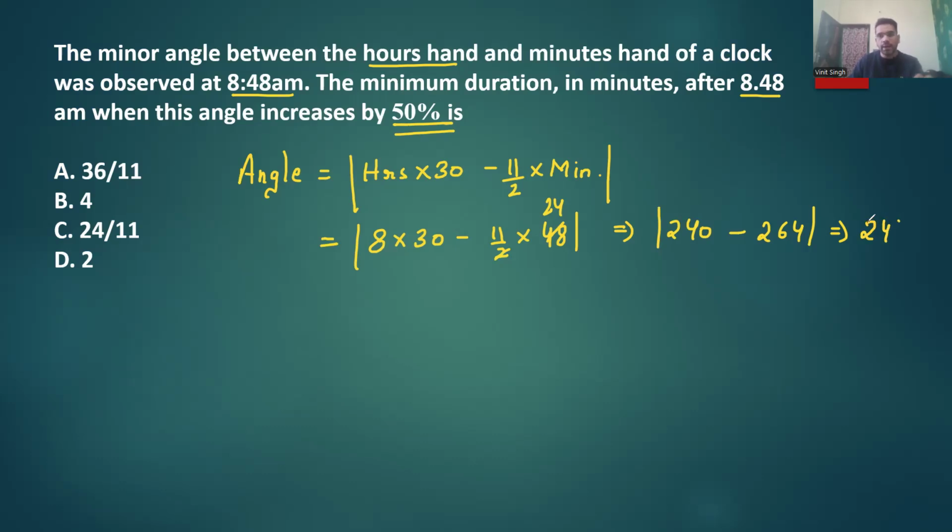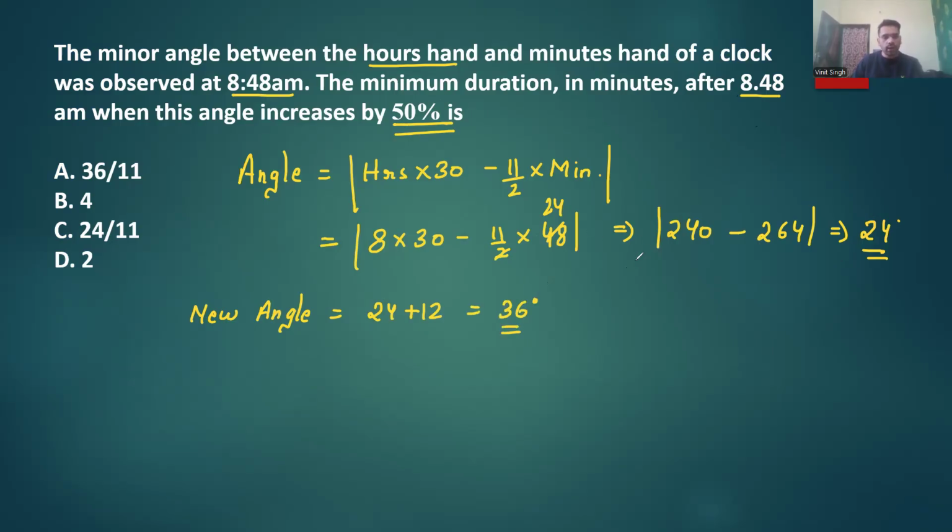The minimum, the minor angle formed between the hour hand and the minute hand at 8:48 is equal to 24 degrees. Now the angle is increased by 50%. So the new angle becomes 24 plus 12, which is 36 degrees.